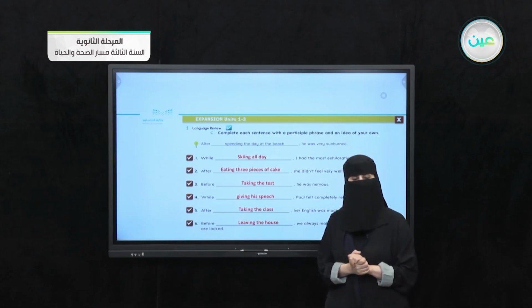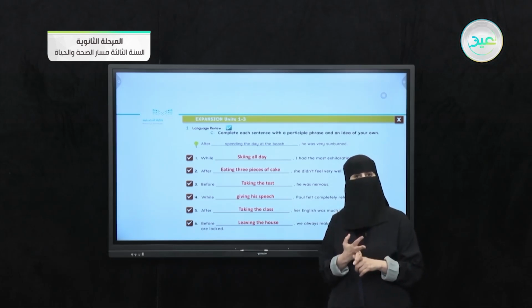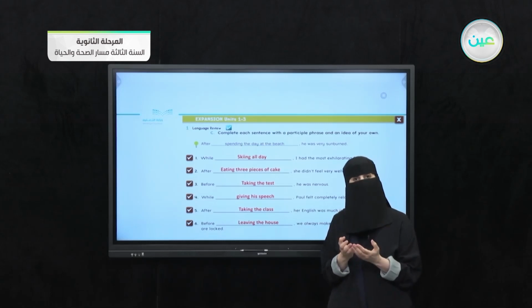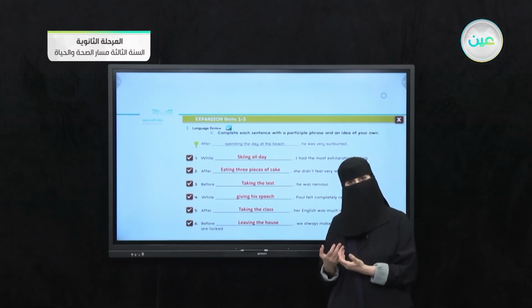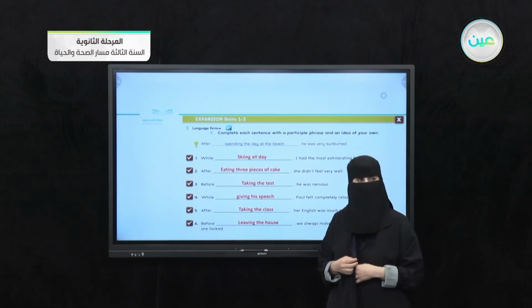The second thing that we talked about is the expressions so much, so many, so few, and so little, and the conjunction that. I told you that we use these expressions to express cause and feeling in a sentence. I showed you that we can find this grammar on page 22 from Unit 2.